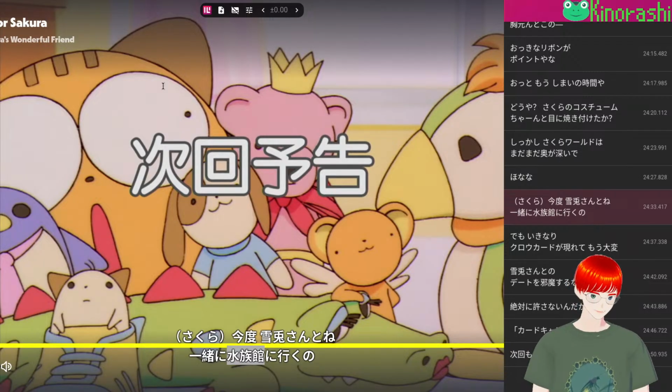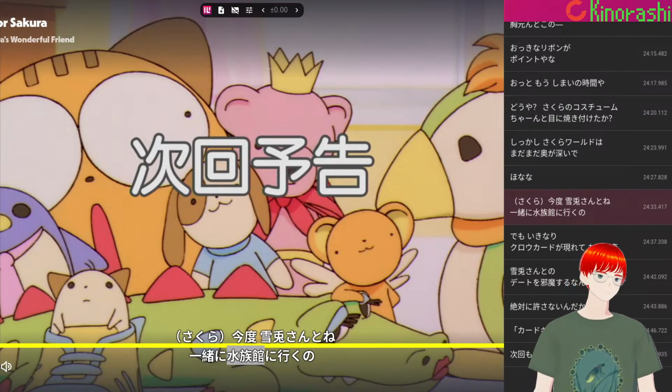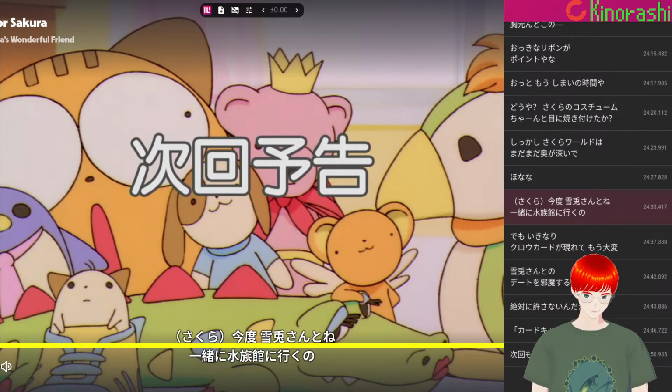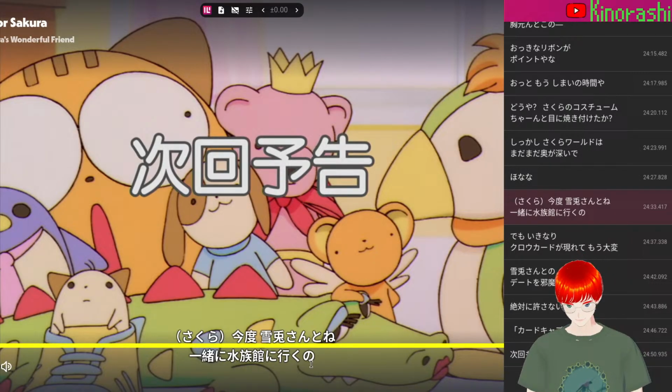If I get rid of the building, it just becomes suizoku, so water family, aka aquatic fauna. So the aquatic fauna building, aka suizokukan. Which makes aquarium. Issho ni suizokukan ni iku no. So next time I go to the aquarium with Yuki-san.